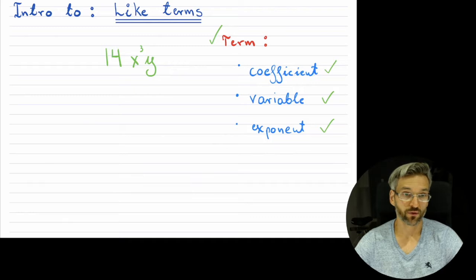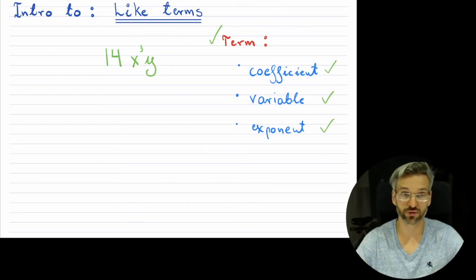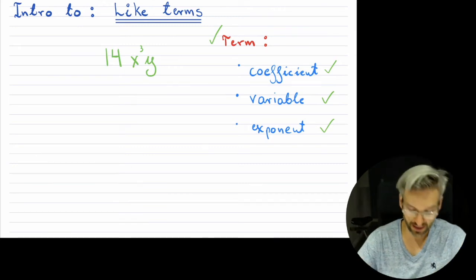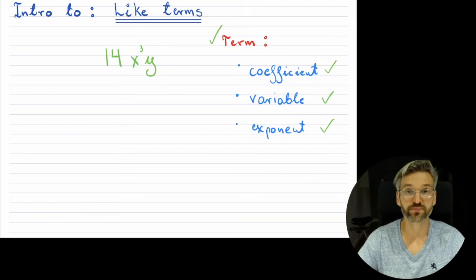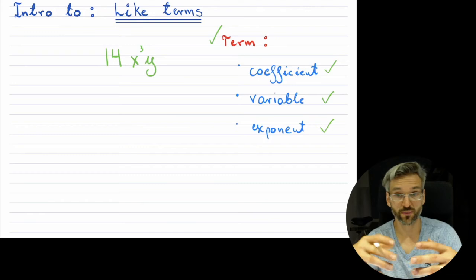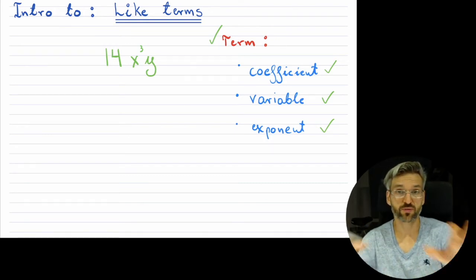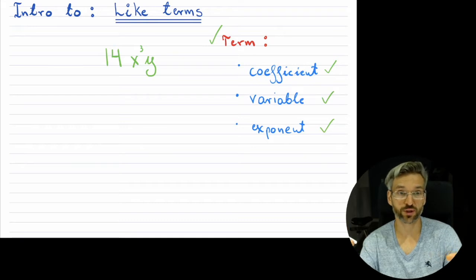For this example, just so that you can first get a glance of what this particular term is, notice that in this term, there's actually no additions and no subtractions. And that is the key. Because once you start putting additions and subtractions within all of these numbers and variables, you start breaking up and you have more than one term.